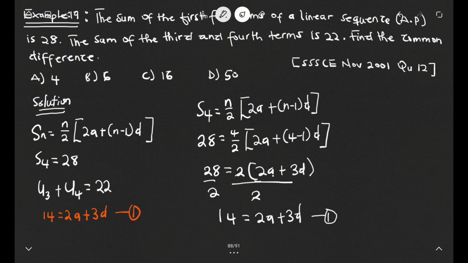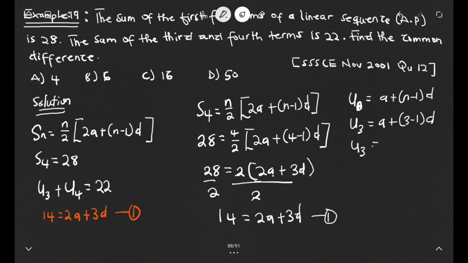So I have here U3 and U4, so I need to find what is U3. Now U3 or Un, let me make it Un first. The formula for Un, like we've already seen, is a plus into bracket n minus 1 multiplied by d. In our case, U3 will be equal to a plus into bracket, the n is 3, so I have 3 minus 1 multiplied by d.